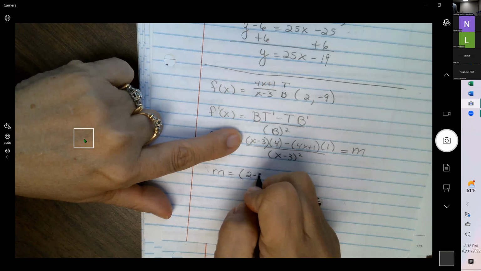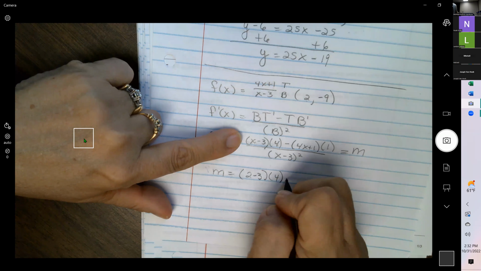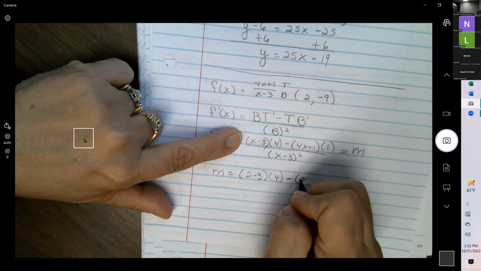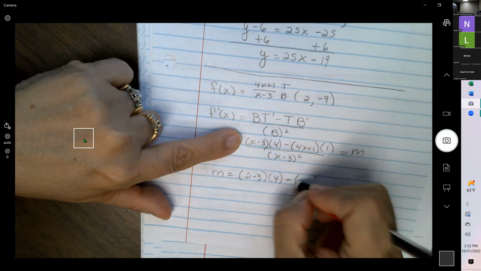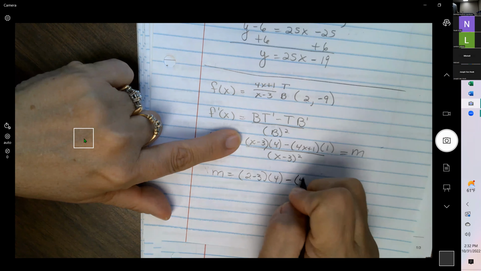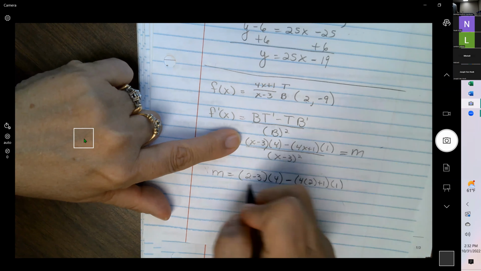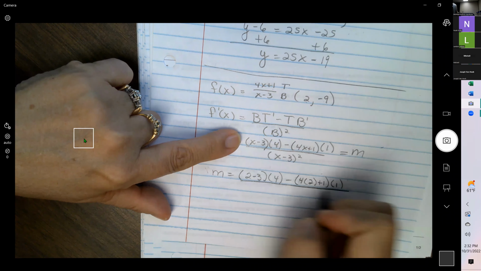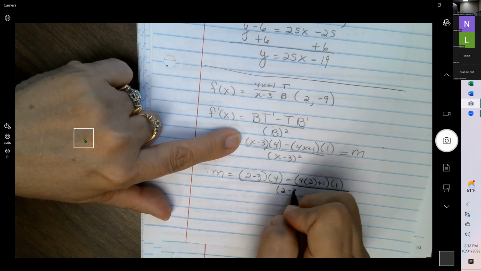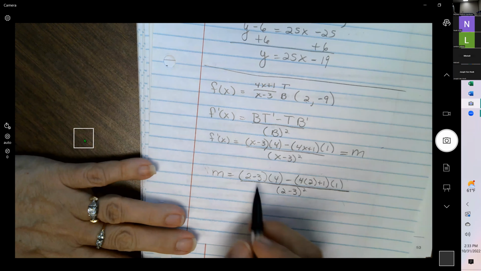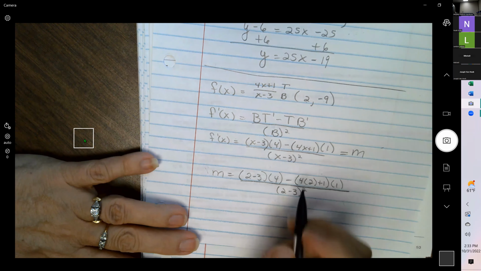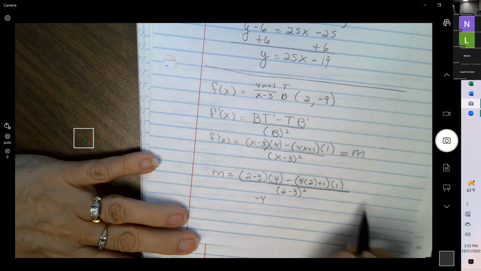2 minus 3 times 4 minus 2, 4 times 2 plus 1 times 1, all over 2 minus 3 squared. This is going to be a negative 1 times 4 is negative 4.